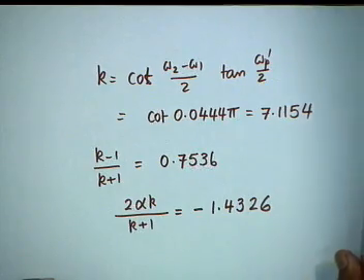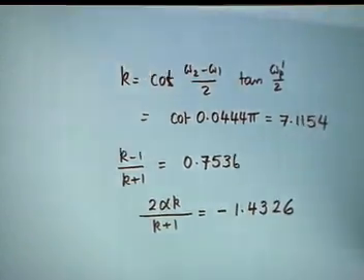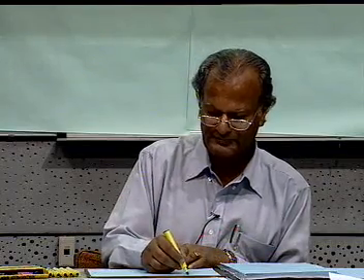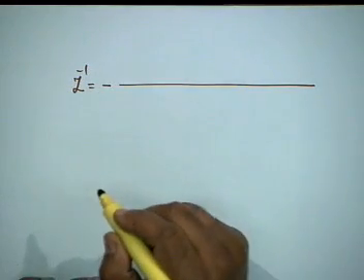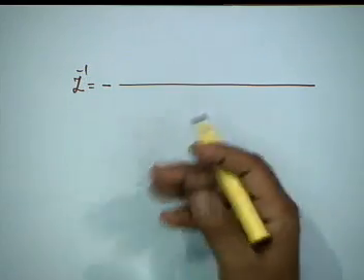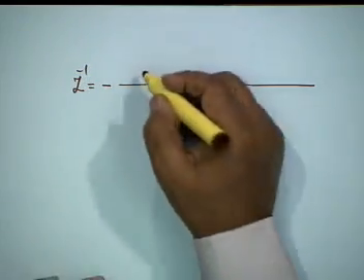It is advisable to write the transformation in specific form. The transformation therefore is Z inverse equal to minus, do not forget the minus sign. As many times as you write this, you will make friends with it.